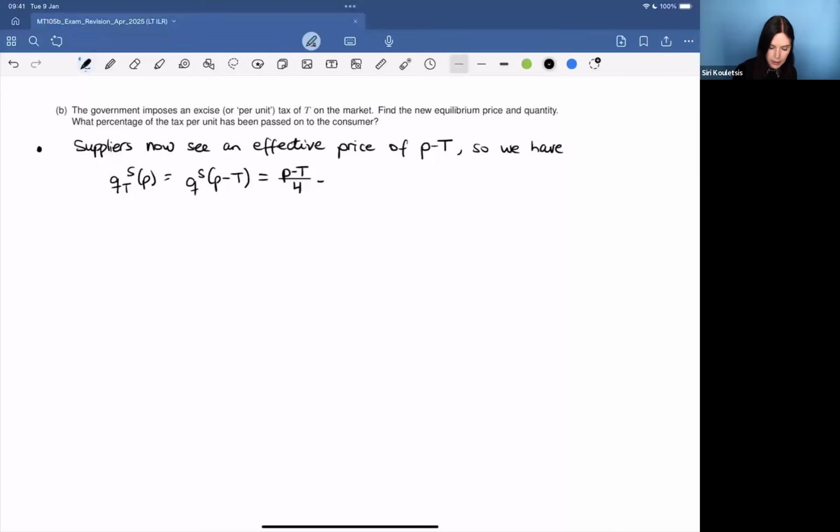We simply replace where we see P, we put P minus T.